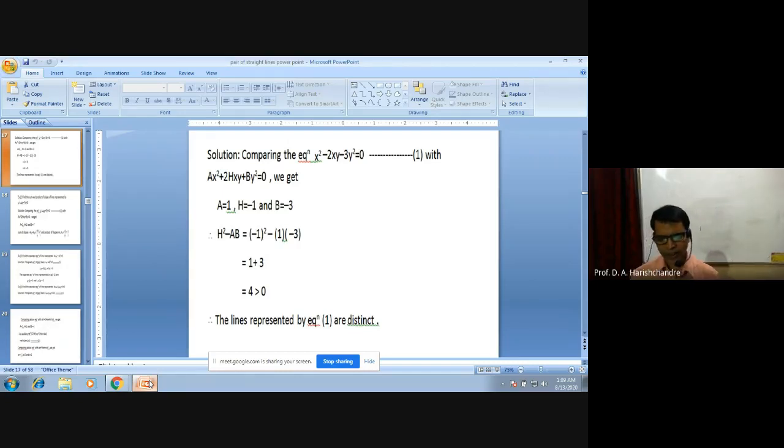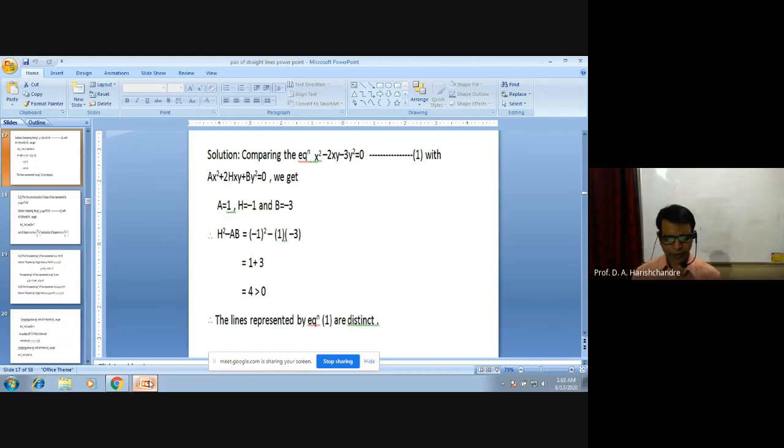Now compare this equation with the general form of homogeneous second degree equation ax square plus 2hxy plus by square is equal to 0. Comparison gives you the values of the unknowns: a to be 1, h as minus 1 and b as minus 3.